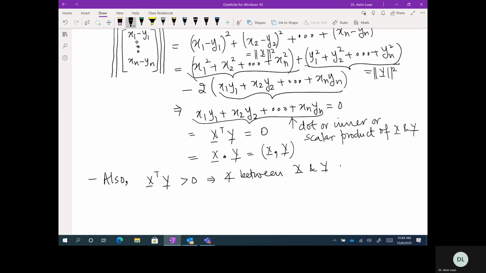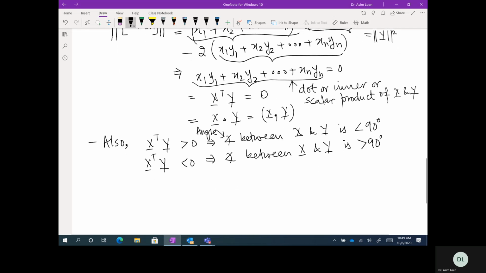Similarly, if x transpose y is less than 0, this is negative, this implies the angle between x and y, this is the symbol for angle, is greater than 90 degrees, and in the worst case, when it's 180, the cosine is -1.